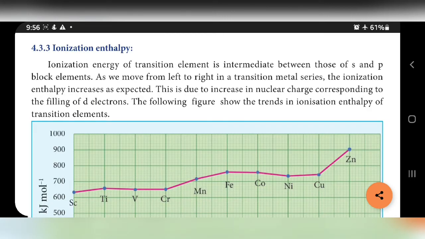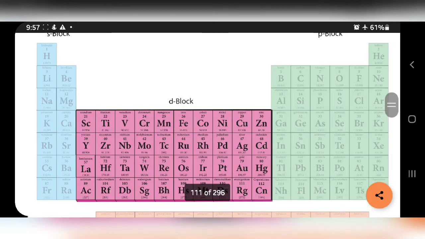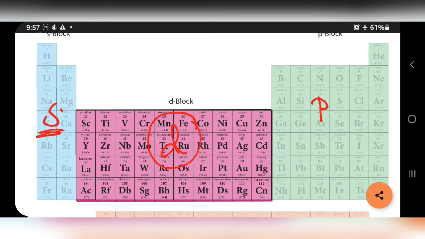So, the ionization energy of the transition elements is intermediate between s and p block elements. See here, students, this is the periodic table. Here this is the s block, p block, d block. The ionization energy of d block elements is intermediate between s block and p block, because if you move from left to right in the periodic table, ionization energy increases because size decreases from left to right.